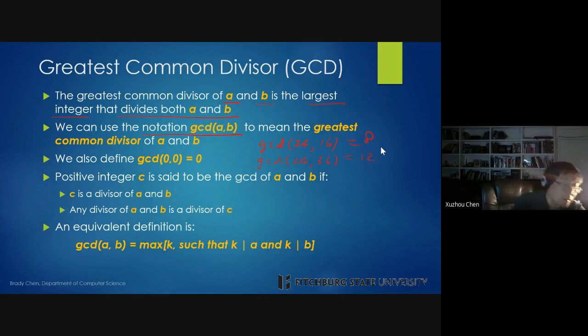Now, what is the greatest common divisor for two numbers, like if the two numbers are 0? Now that's very tricky. So for 0 and 0, can you find the common divisors for 0 and 0? If both numbers are 0, do you think there is any common divisor?